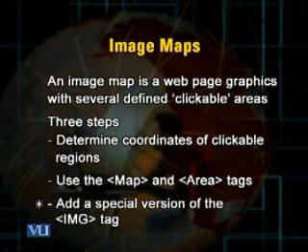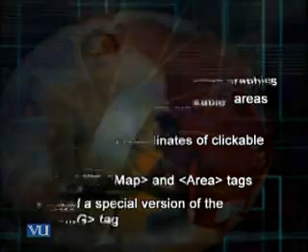Let us understand this concept in more detail. First of all, our first step is to define the coordinates of the different clickable regions. There are two different ways of doing this.